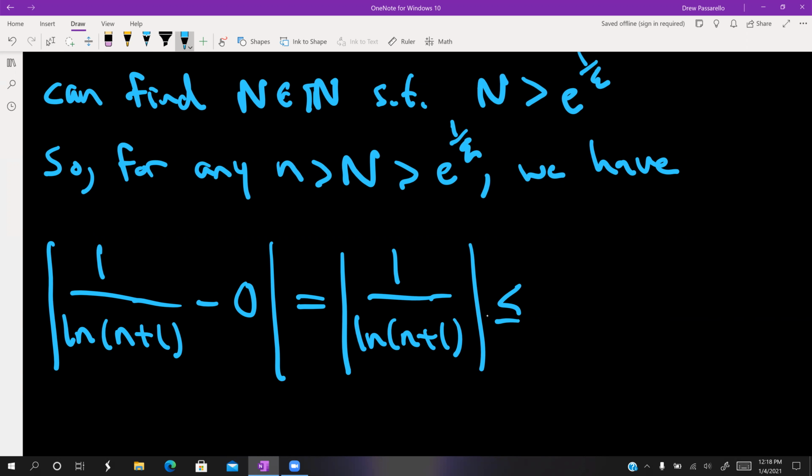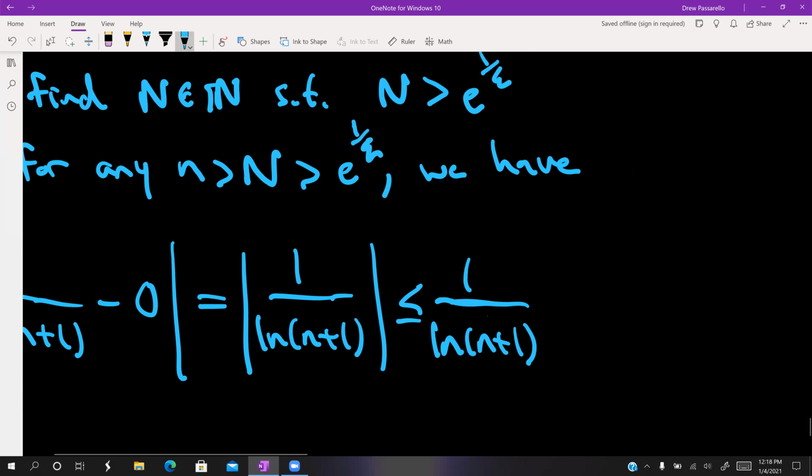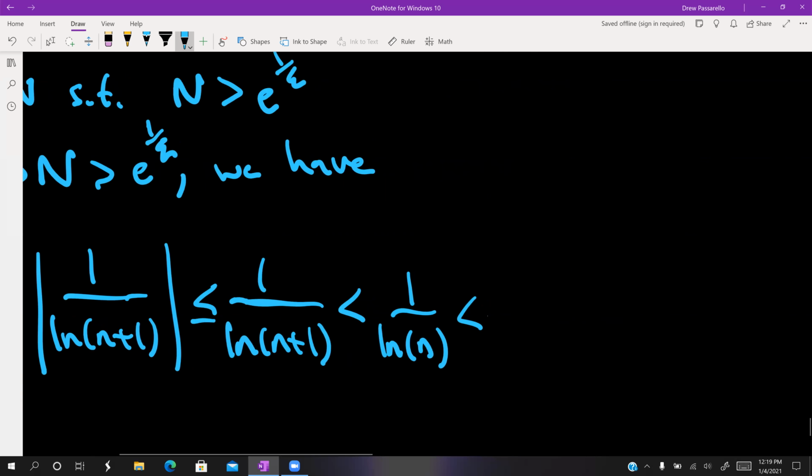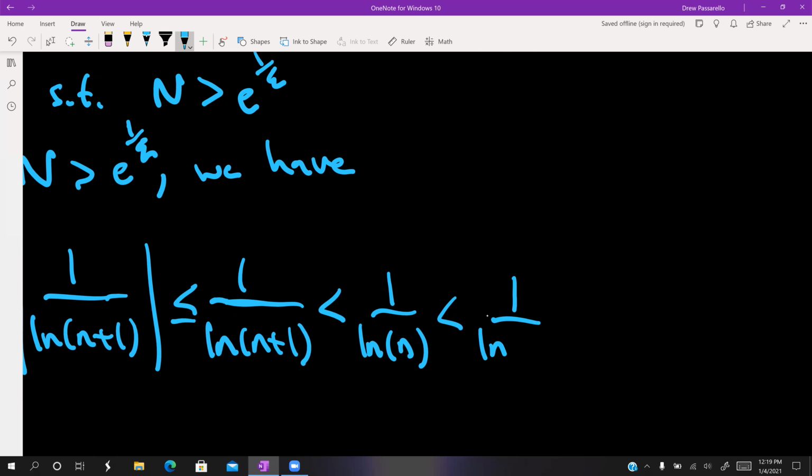And that's less than or equal to 1 over the natural log of n plus 1. And we said this is going to be less than 1 over the natural log of little n. And this is going to be less than 1 over the natural log of capital N.